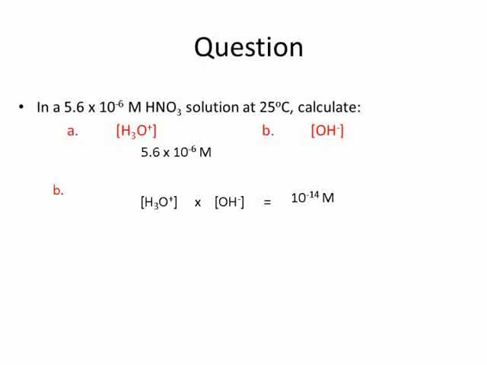Therefore, if we want to solve for the hydroxide concentration, we just need to divide 10 to the minus 14 by our H3O plus. So substituting in our figures and doing our division, we come up with an answer of 1.79 by 10 to the minus 9. Of course, you guys need to be able to manipulate these figures with your calculators, and that's something that I hope you've learnt in maths rather than in chemistry.